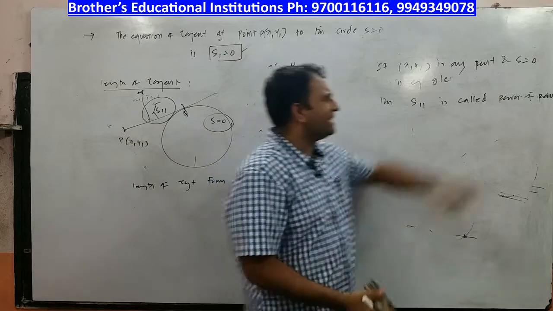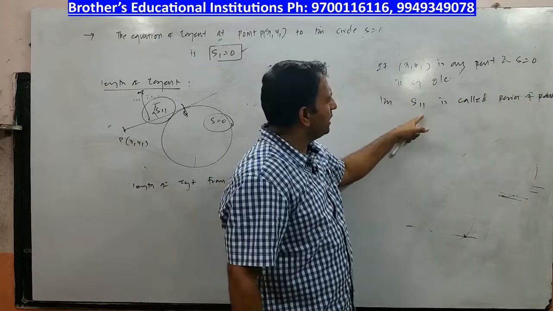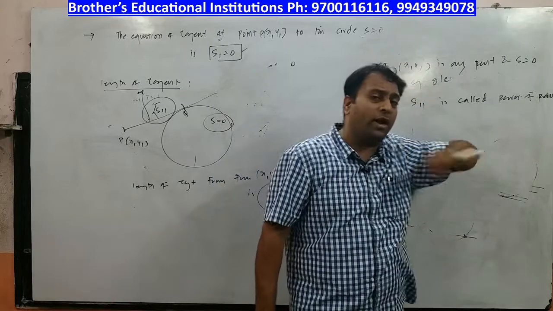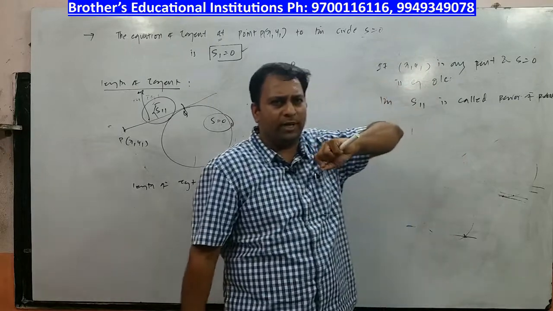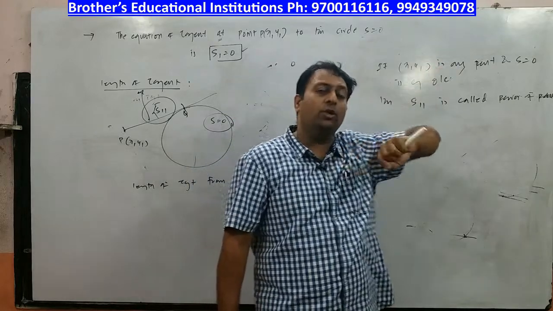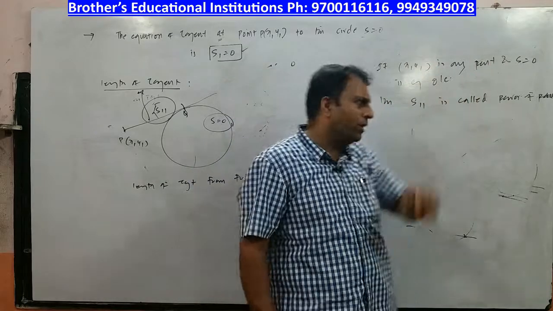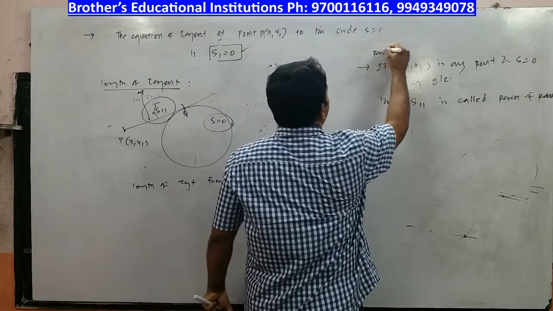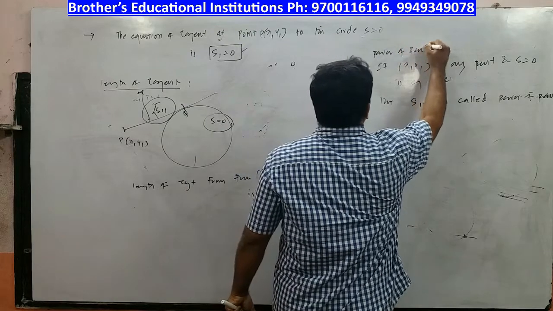See, what is S? S is the equation. What is S11? You are substituting the point in the equation. When you substitute the point in the equation, there are three possibilities. You may get a value equal to 0, less than 0, or more than 0.